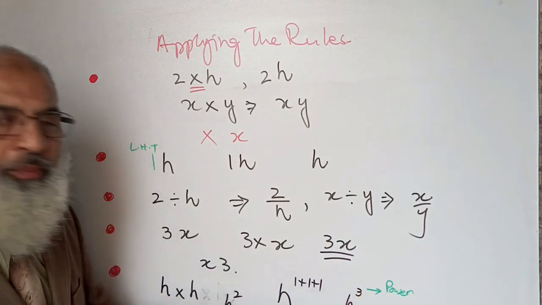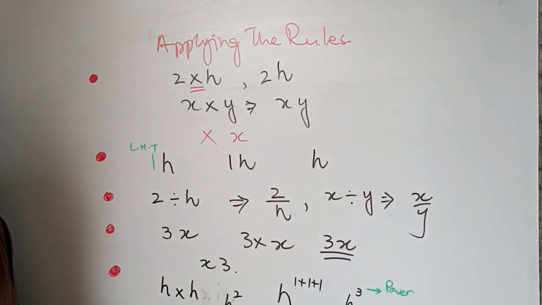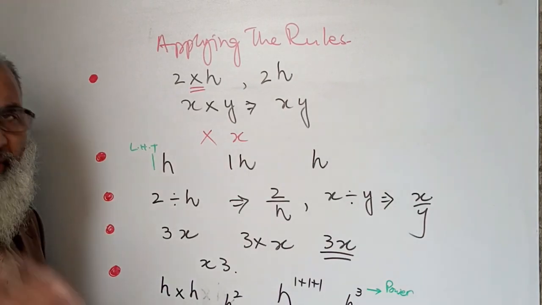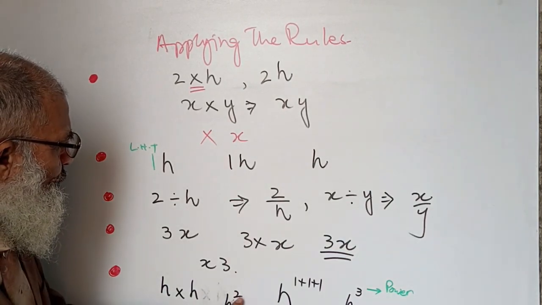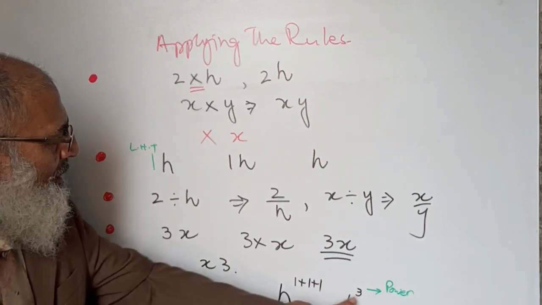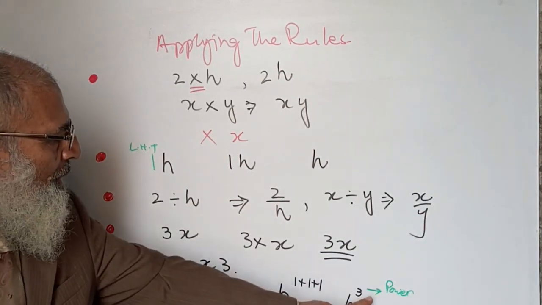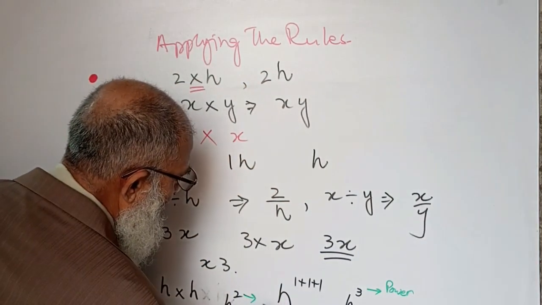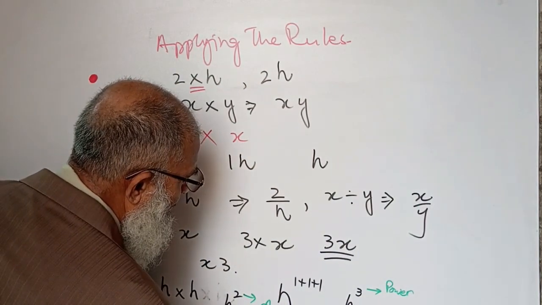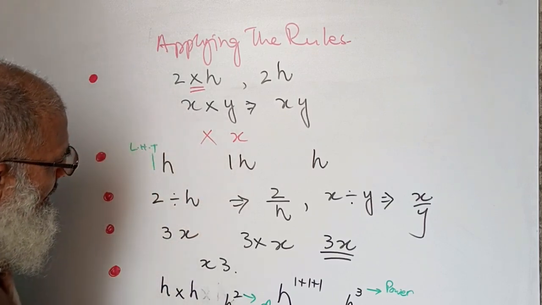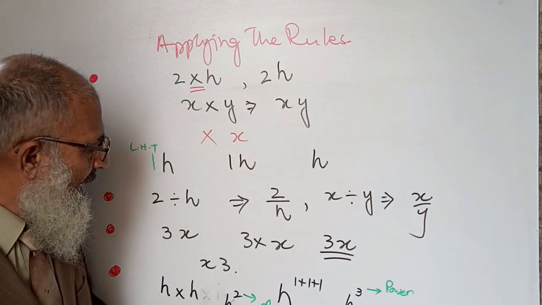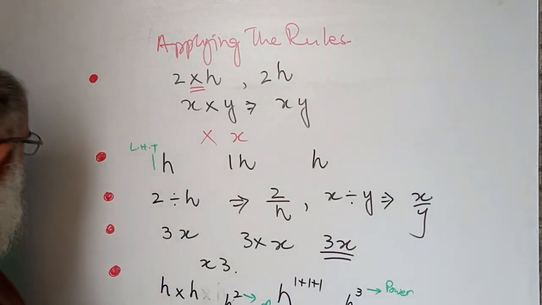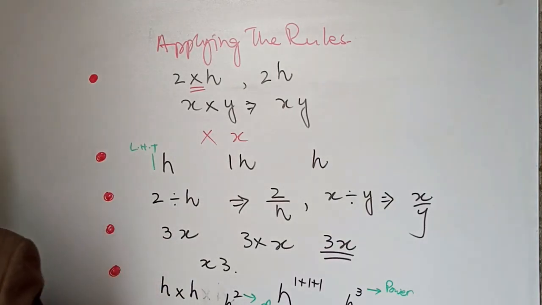Square, cube, and there is no short form for 4, 5, 6, 7, 8. So there are only two short forms, square and cube. Power can also be called index, and the plural of index is indices.